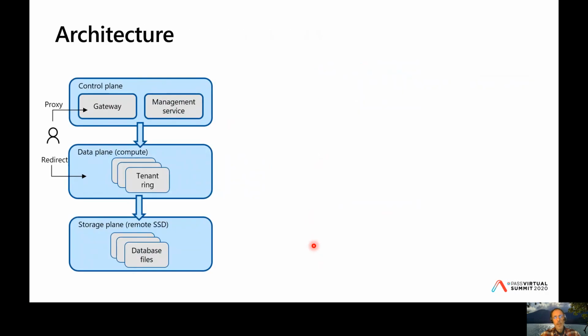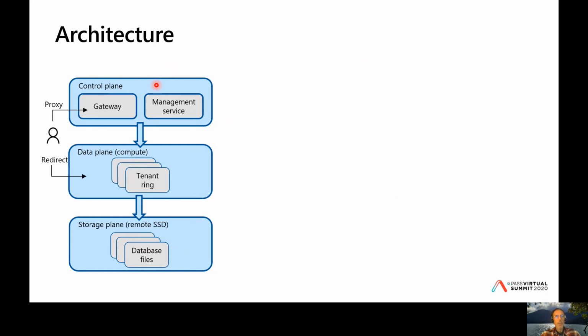So now that we've had a discussion about how these different facets of serverless work, it can be useful to overlay that understanding on top of the architecture and then connect that back to the customer performance experience. Serverless is a three-tiered architecture. It has a control plane, which contains the gateway service that's responsible for connectivity.